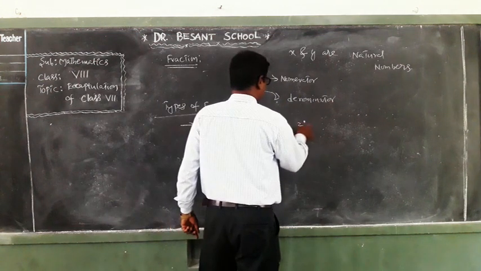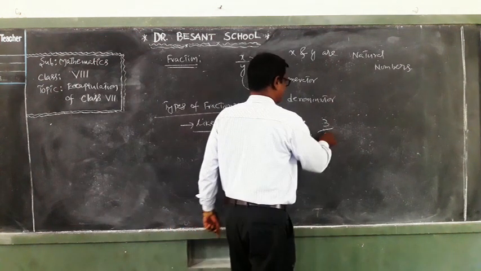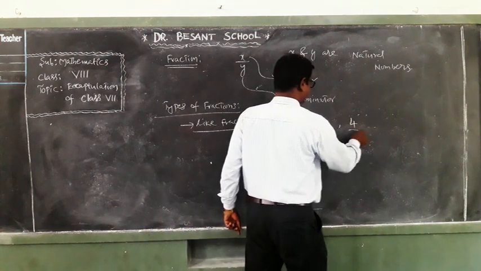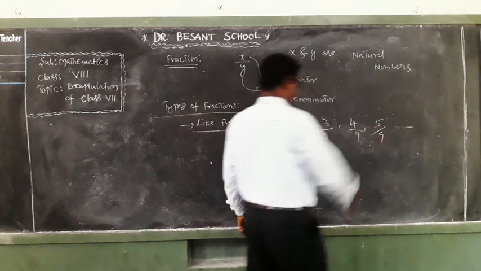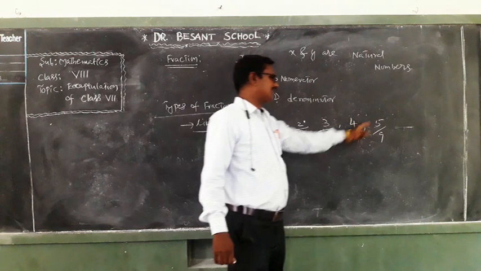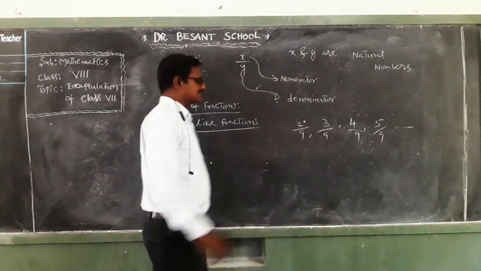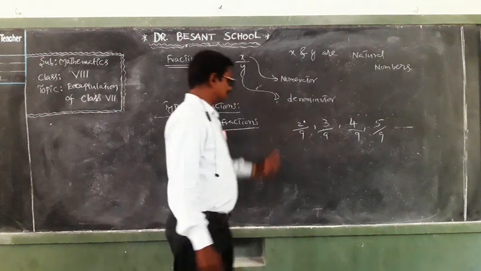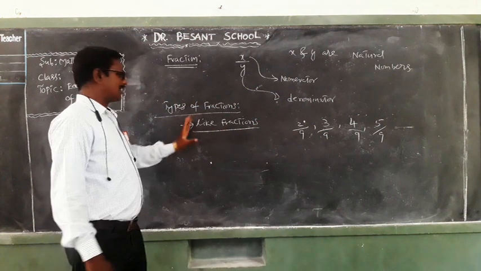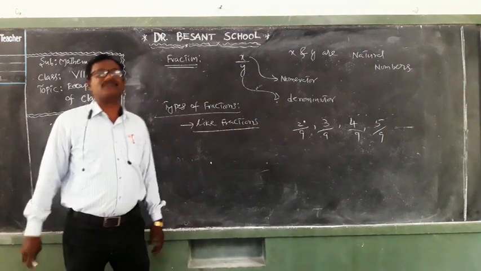For example, 2 by 9, 3 by 9, 4 by 9, 5 by 9, etc. What are all the denominators here? 9, 9, 9, 9. These fractions have the same denominators, so they are said to be like fractions.